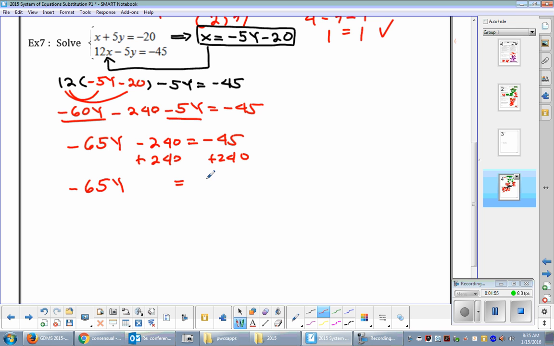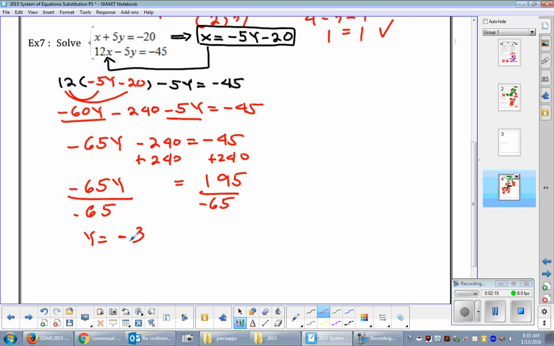I'll get here 195. And then when you divide by negative 65 on both sides, you will get y is equal to negative.